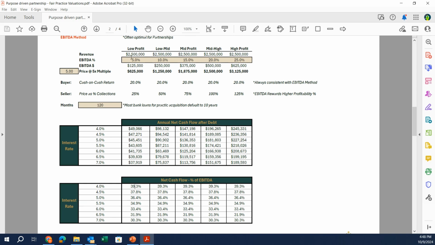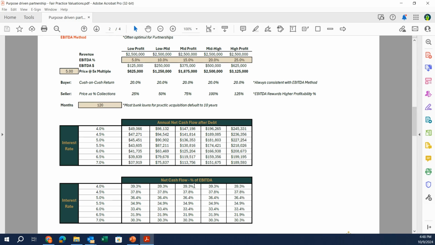So to the extent that the EBITDA number that is utilized is accurate, and that is key, and we're not going to totally dive into that today, but to the extent that that number is accurate, then buyers are essentially assured that they will be able to positively cash flow any loans, whether it's internal financing or bank financing, that there's essentially no risk of them defaulting or not making some additional money as an owner following the 5 times EBITDA method.